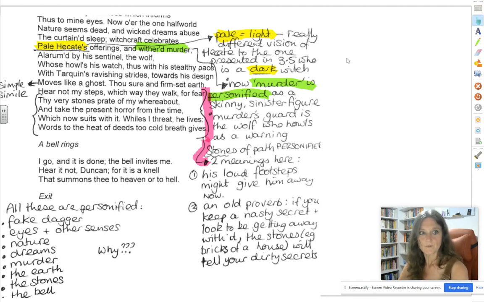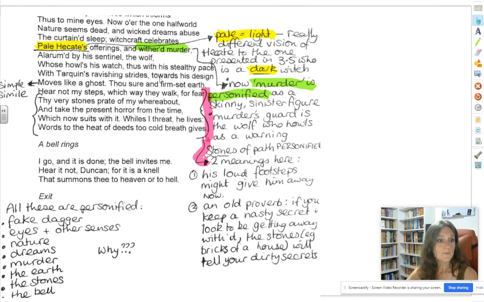So a brave Macbeth wouldn't be a murderer. It's almost like murder is something which is dragging him along and forcing him to do this deed. And he's not actually referring to his own deed. He's just saying these are some of the things that happen when it's dark. So although he's using that term murder, he's still not linking it to himself. He's abstracting it by personifying the idea of murder.